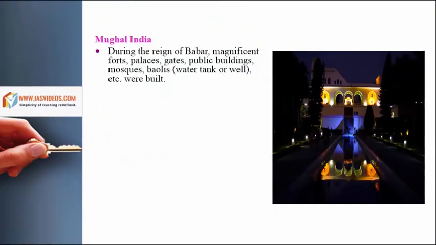Mughal India. During the reign of Babur, magnificent forts, palaces, gates, public buildings, mosques, baolis, etc. were built. There were many formal gardens with running water.